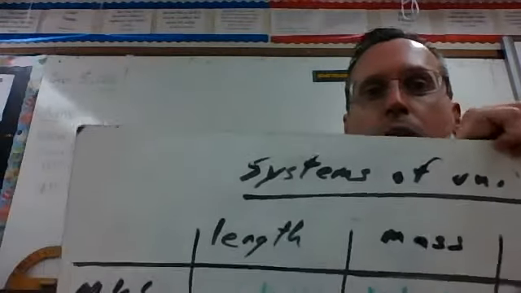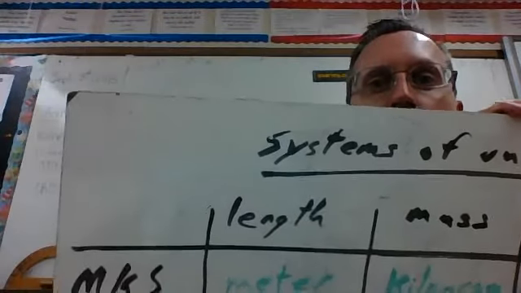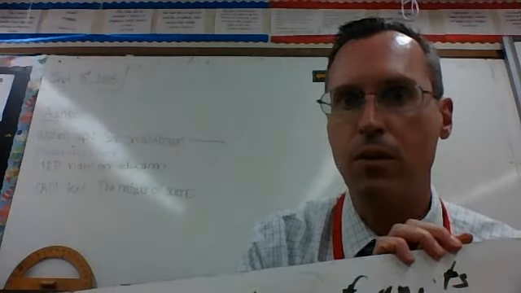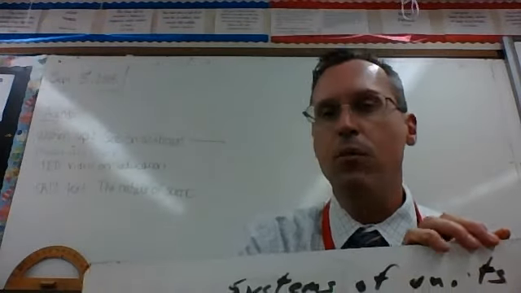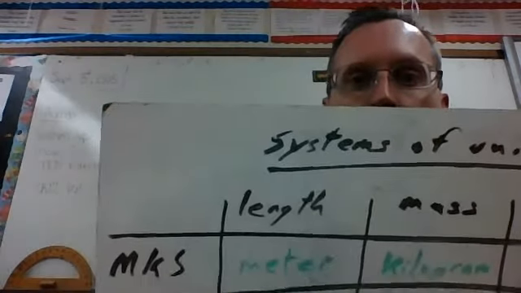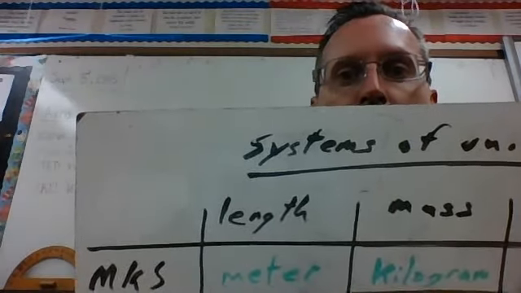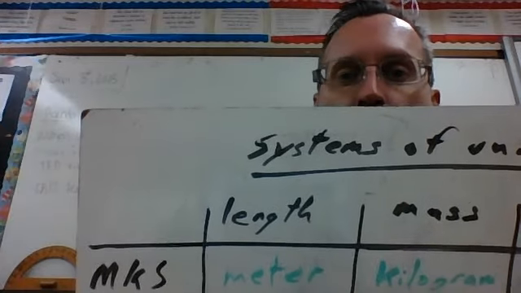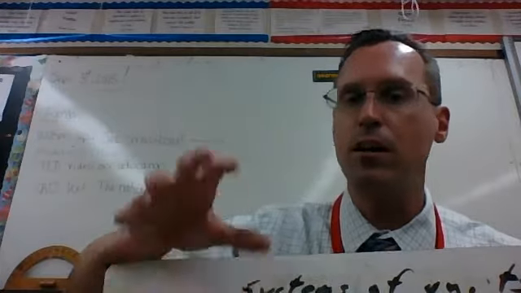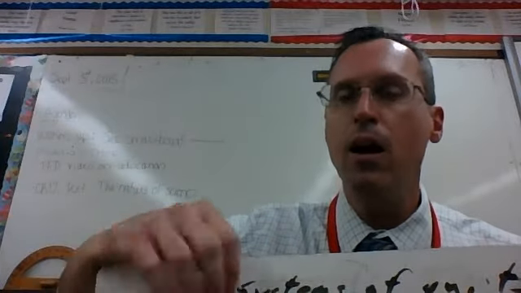Okay, and the first type. First system is called the MKS system. MKS stands for meters, kilograms, and seconds. What that means is that if you measure length in meters and you're doing an experiment, in the same experiment, if you measure a mass, you have to do it in kilograms. Why?